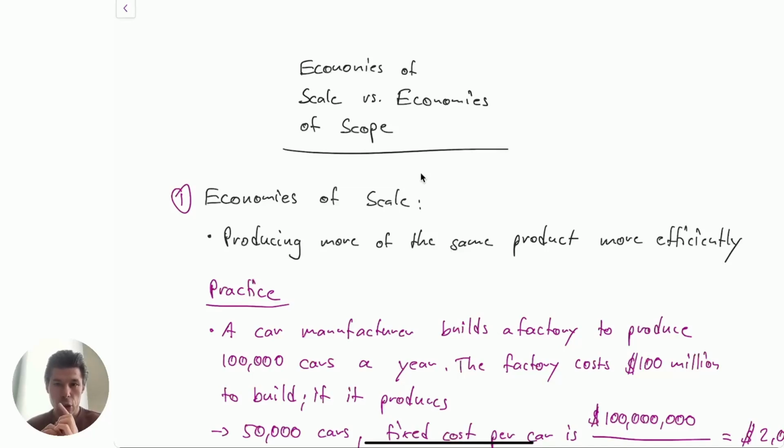Underlying fixed costs are spread across more units, reducing the cost per unit. The key focus is producing more of the same product because you use the underlying fixed cost more efficiently.